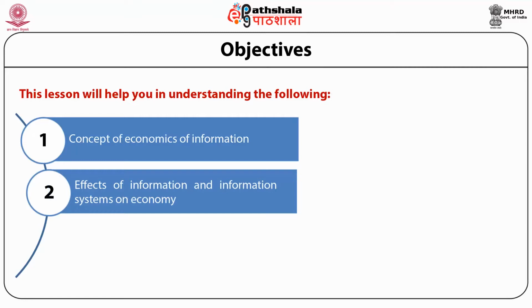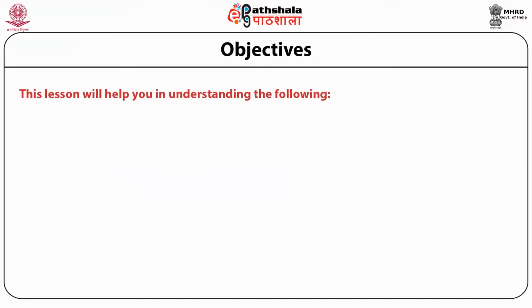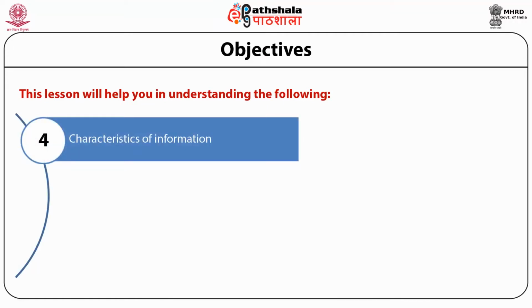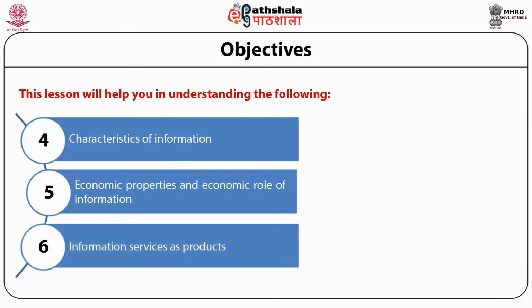Thirdly, you will be able to view information as a commodity, and you will also be able to understand characteristics of information. And I'm sure by the end of this presentation, you will also be able to chart out economic properties and economic role of information. Lastly, and most importantly, you will be able to recognize information services as products.